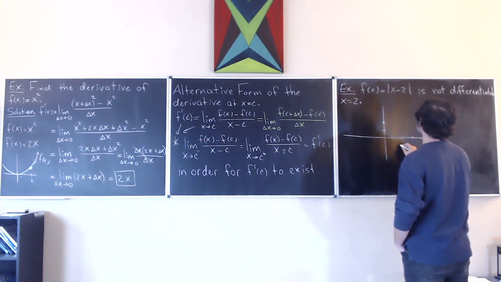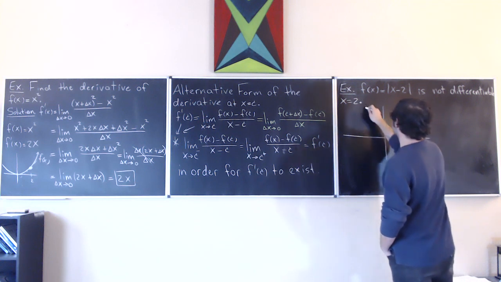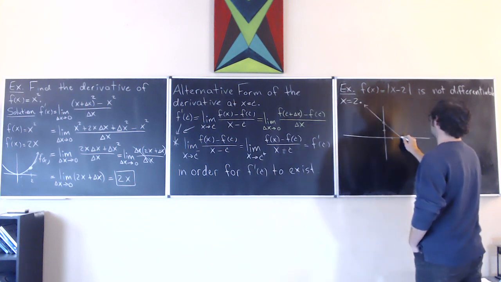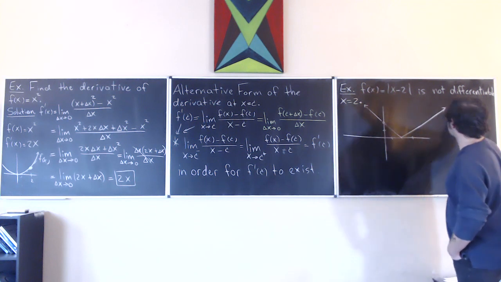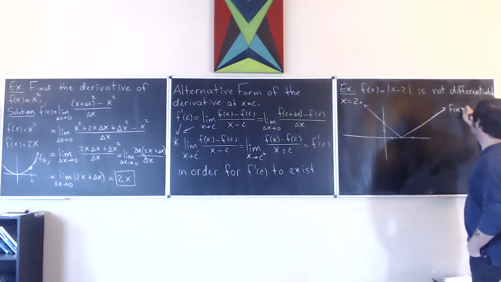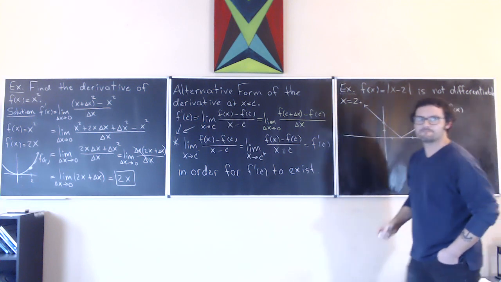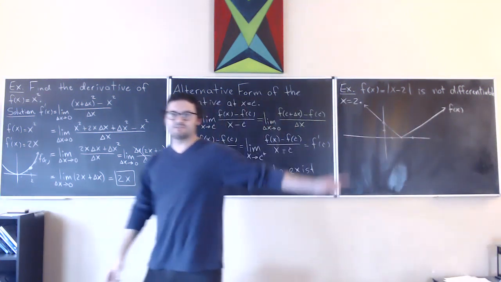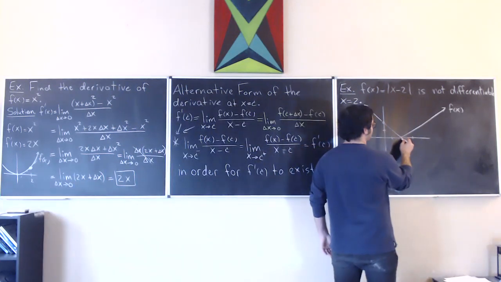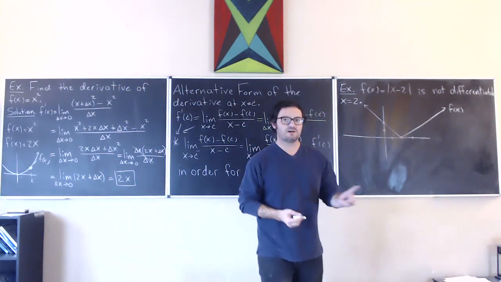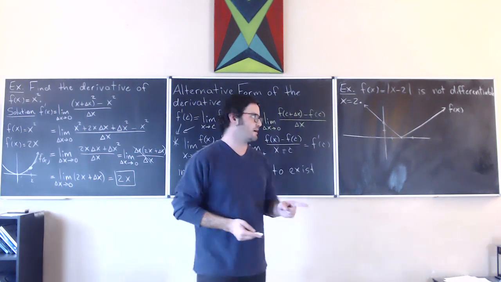So this is the graph of that. Now that's continuous. This is continuous at x equal to 2.